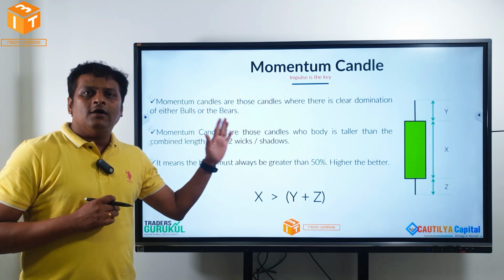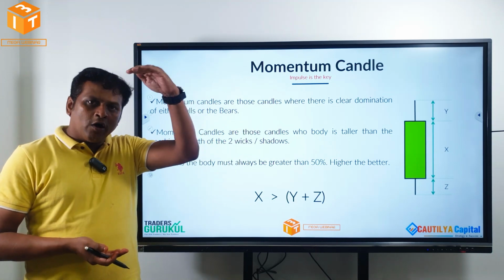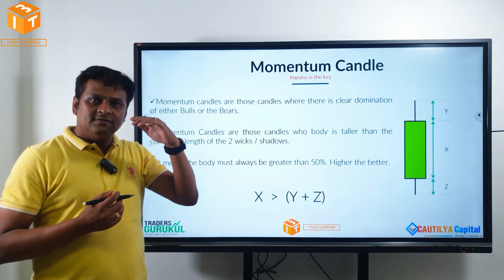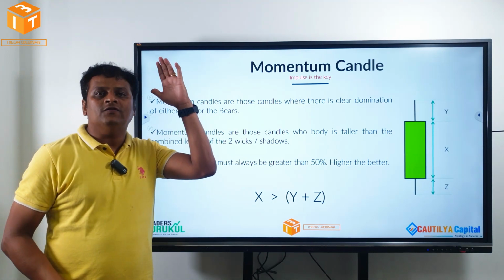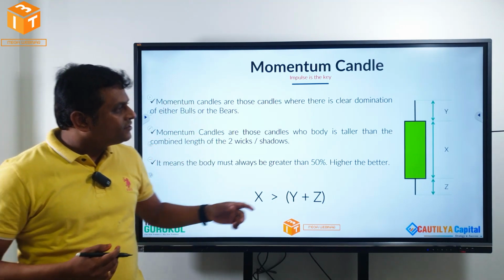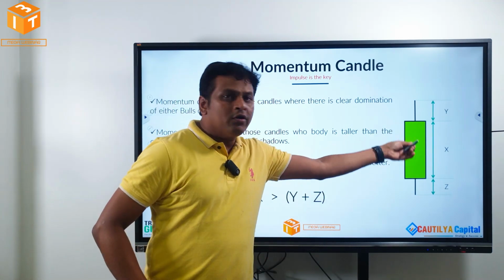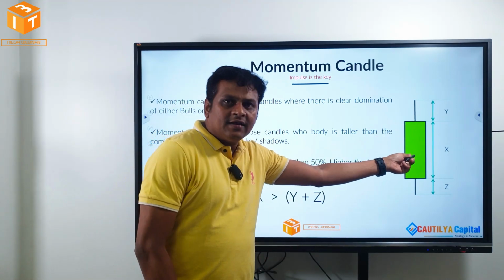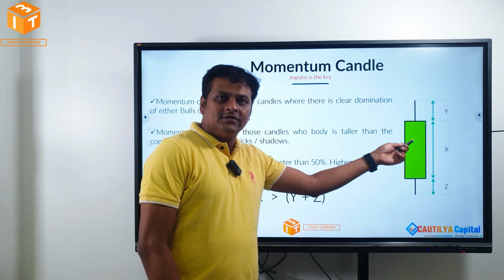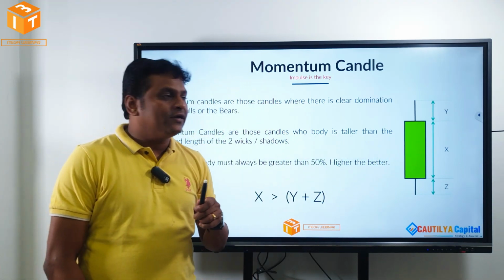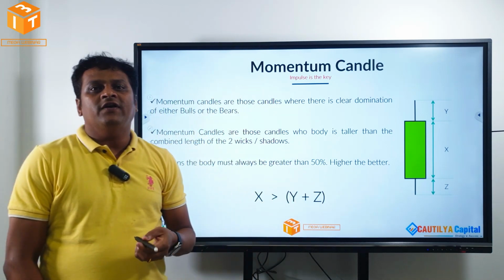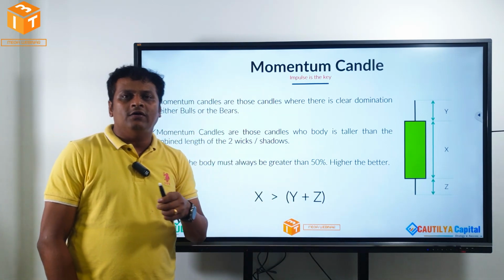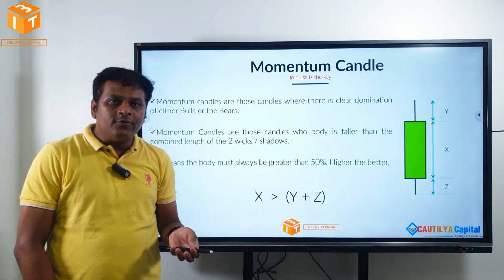Momentum candles are those candles whose body is greater than 50% of the total range of the candle. What it ideally means is, this is a typical body of a candle and that's a green candle, which officially means it is a momentum bullish candle, and the two projections on either side, you call a wick. We call it a wick, a tail, a shadow.